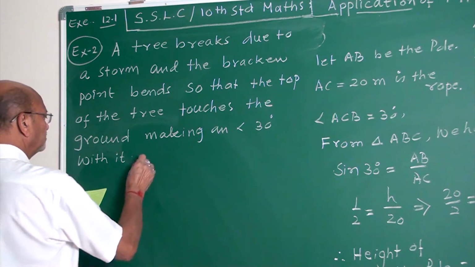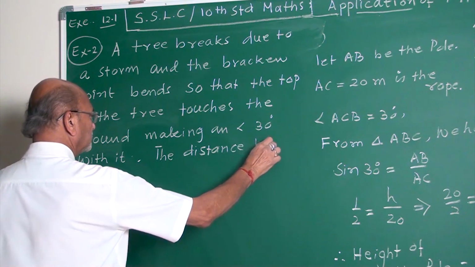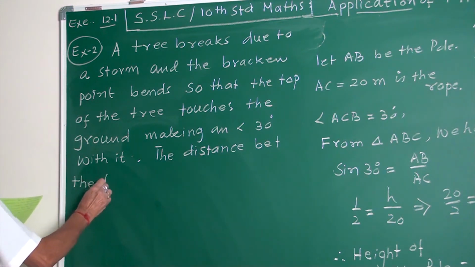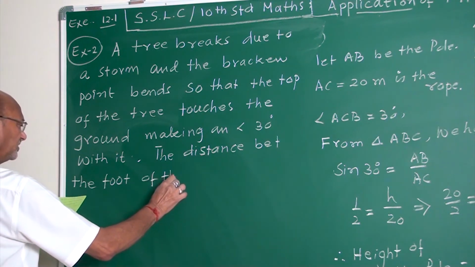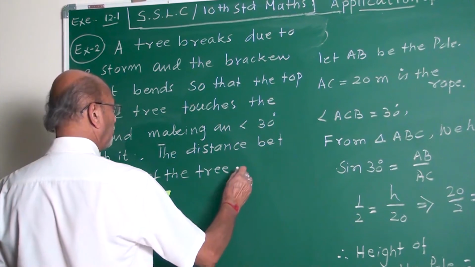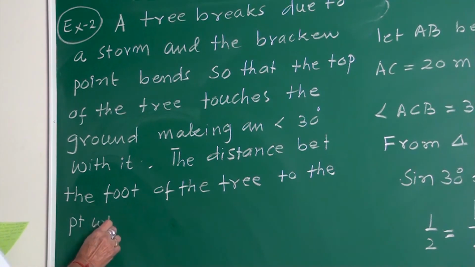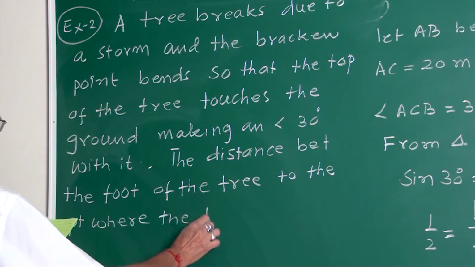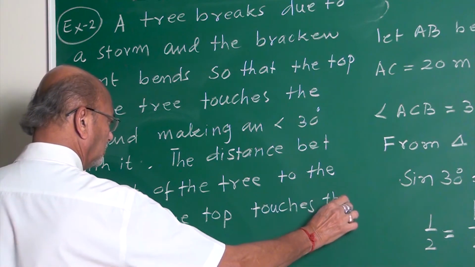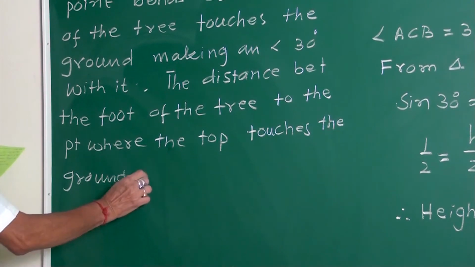The distance between the foot of the tree to the point where the top touches the ground is 8 meters.